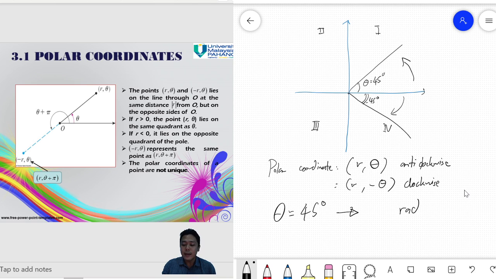The formula is very simple: you just take 45 times pi over 180. So in the form of radians, it will be pi over 4. So this angle is 45 degrees, or in radians, pi over 4.